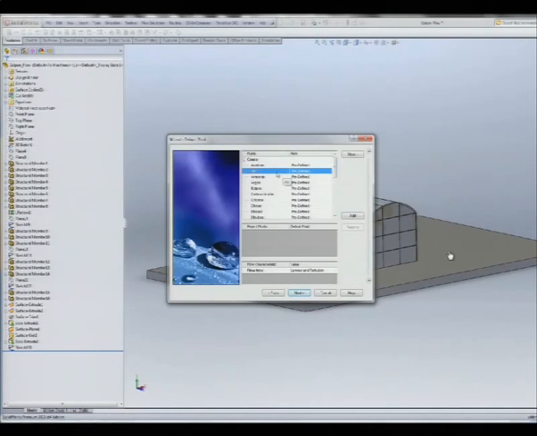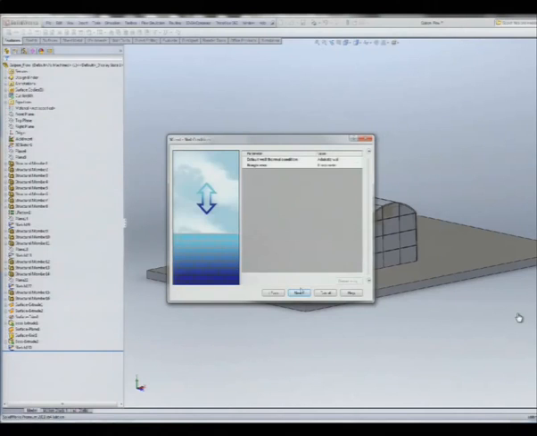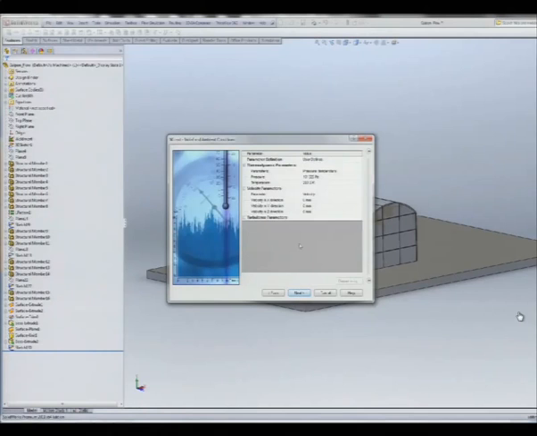I select the gas, which is air, of course. Doesn't matter what this is. And now I have to introduce the velocity of the air, right? Where can we get this velocity? From the region, yes. The building code.